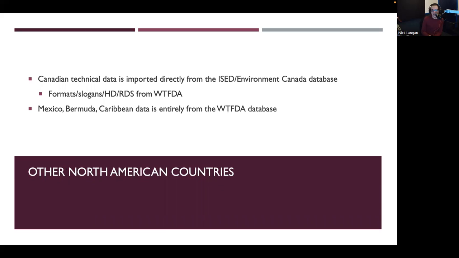The Mexican IFT has data up there, but it's all in scanned PDF files as far as the concession documents for all of their allocations. It's not impossible to employ some sort of OCR reader to scan those documents into a database, but for now, I decided to rely on the WTFDA, which has undertaken indexing all of the Mexico licensed FM entities along with the Caribbean and Bermuda, and I'm using everything as far as technical data.